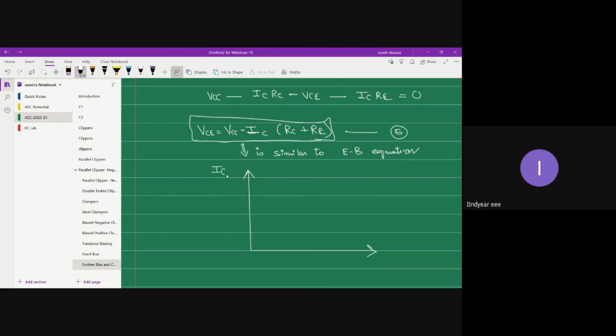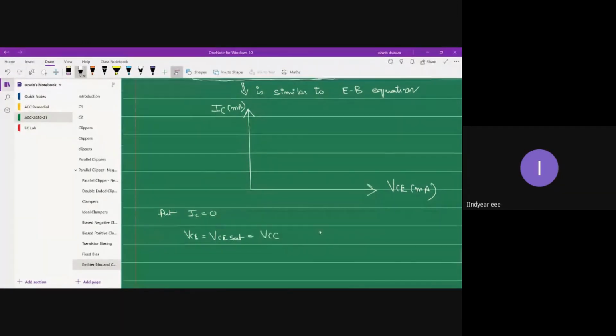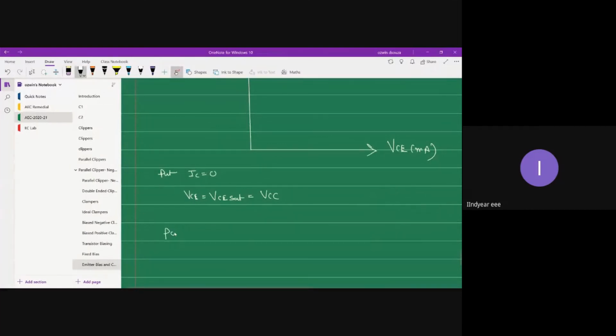This is IC in milliamperes, VCE in volts. When you put IC equal to 0, you get VCE equal to VCE saturation, which is equal to VCC. On the other hand, when you put VCE equal to 0, you will get IC equal to IC saturation, which is VCC divided by RC plus RE.